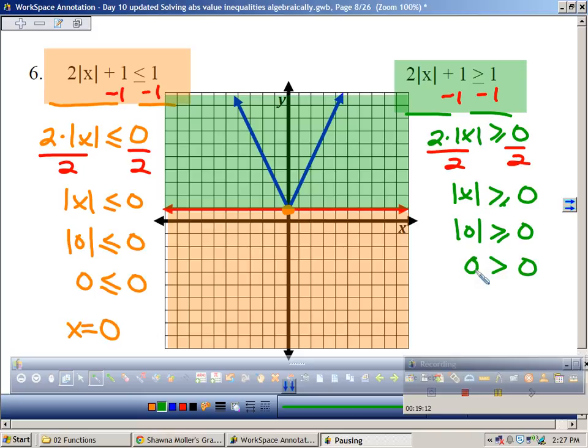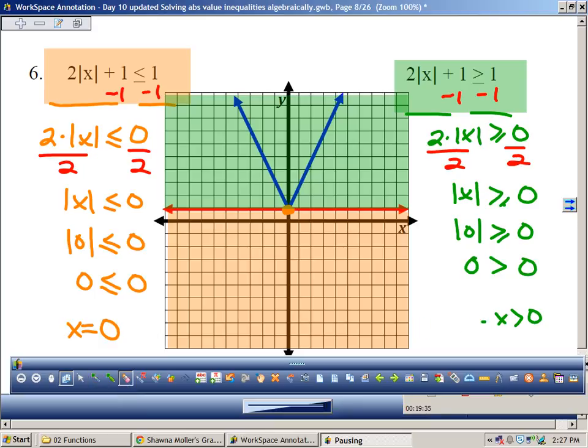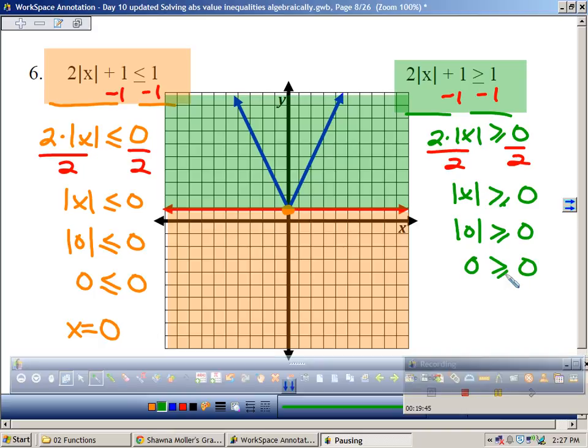It would be x is larger than 0, or x is smaller than 0. See the difference? Okay, I don't want you guys to get too hung up on this because we don't work with special cases very often. So, is 0 bigger than or equal to 0? Yes, so this is going to be all real numbers.